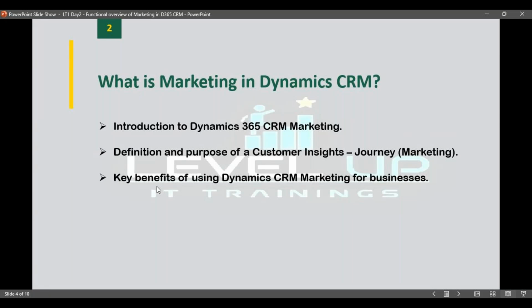Outbound marketing is nothing but sending communications to customers or prospects based on segments. Real-time marketing is trigger based. Let's say we are sending an email, and whenever the customer opens that email, we send further emails. Those are trigger based, so that comes under real-time marketing.